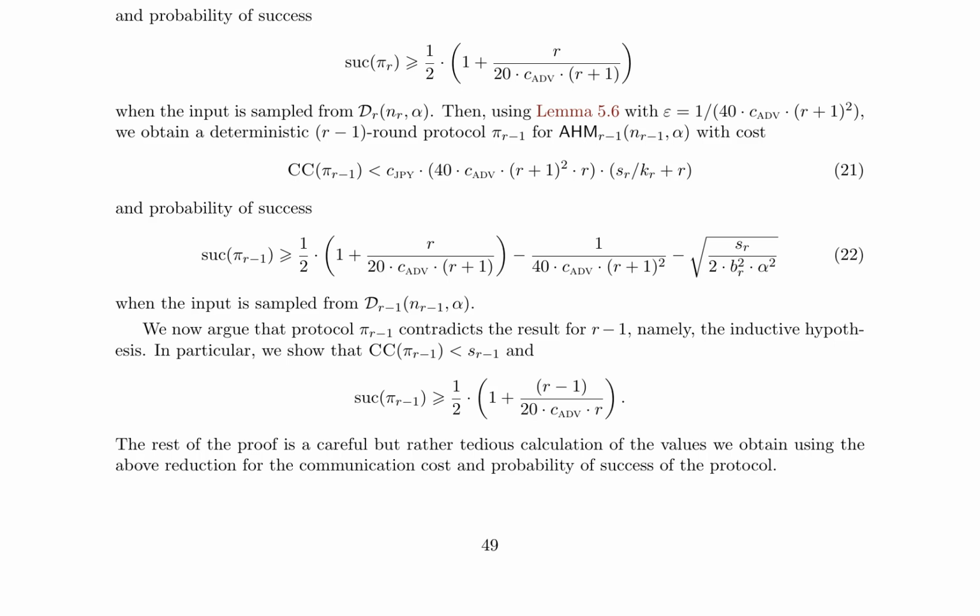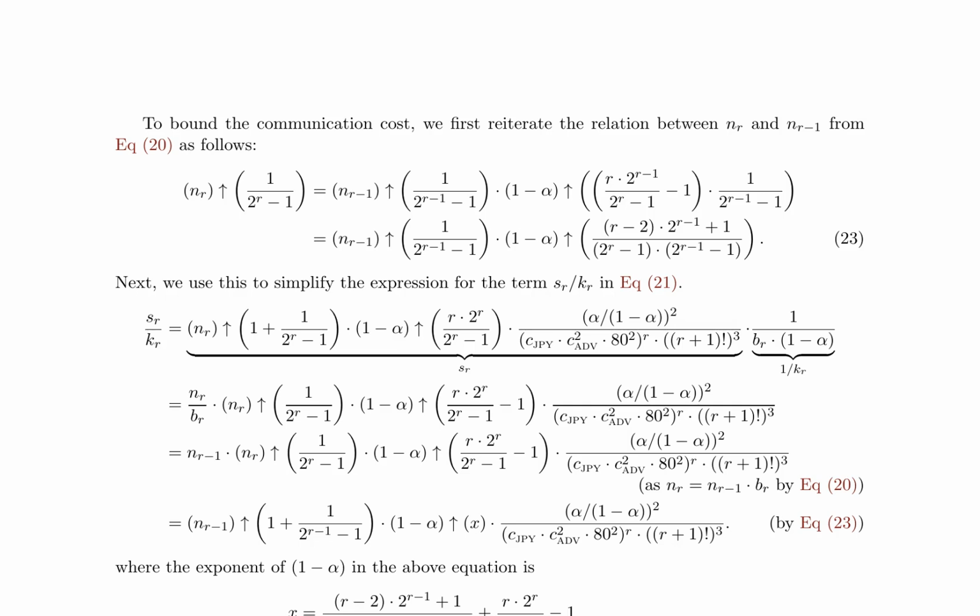Using lemma 5.6, a deterministic (r-1)-round protocol pi_{r-1} for AHM_{r-1} is obtained, with cost cc(pi_{r-1}) less than that bound, and probability of success suc(pi_{r-1}) at most 1/2 (1 + r/(20 c_adv^(r+1)) - 1/(40 c_adv^(r+1))), minus the remaining error terms.